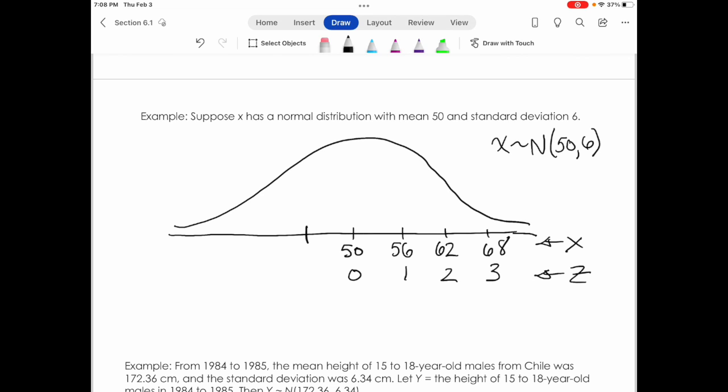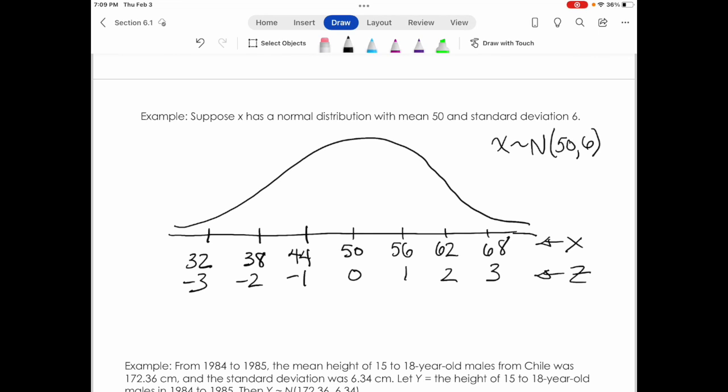Now coming out this way, my x's, if I subtract 6, that's going to give me a 44. If I subtract 6 again, that's going to give me a 38. And then one more time, that's going to give me a 32. Now, if I think about it in terms of standard scores or my z values, this would be -1, -2, and -3.